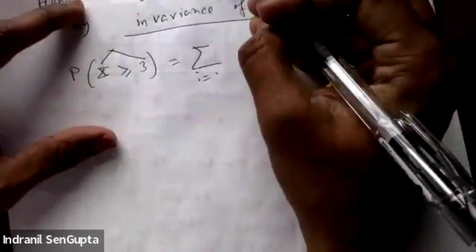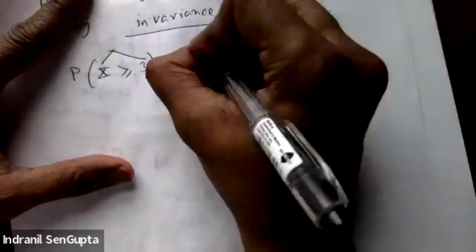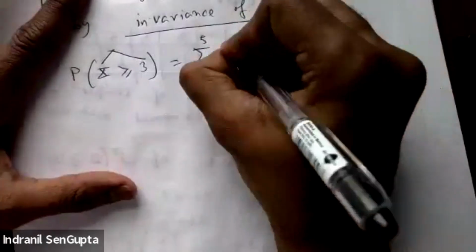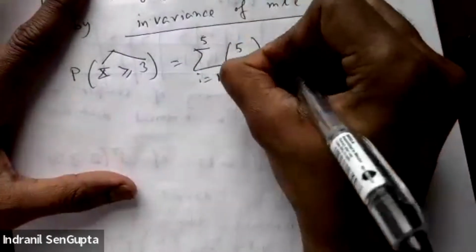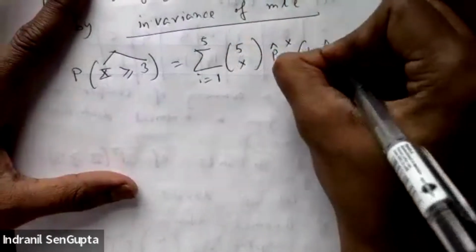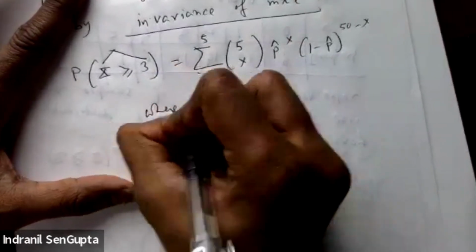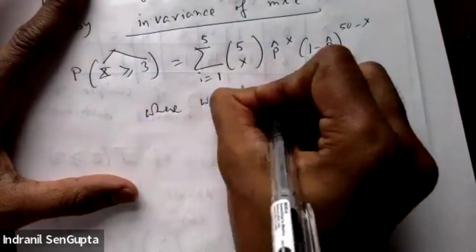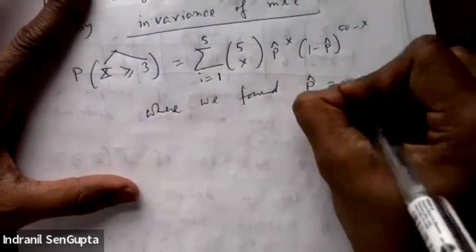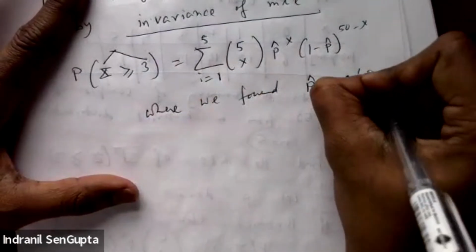So this is the sum from x equals 3 to 5 of 5 choose x, p hat to the x, 1 minus p hat to the 5 minus x, where we found p hat to be 0.424.